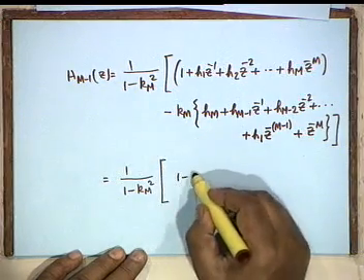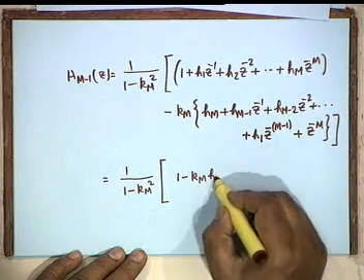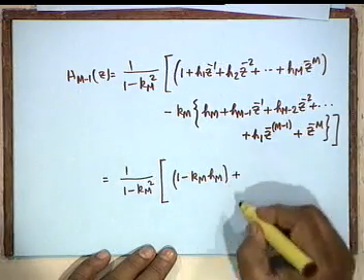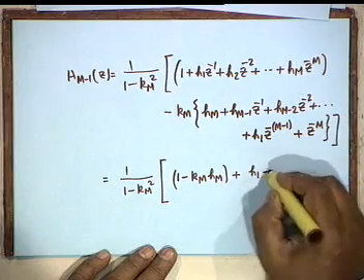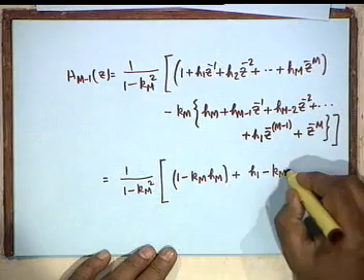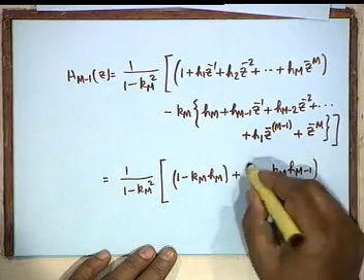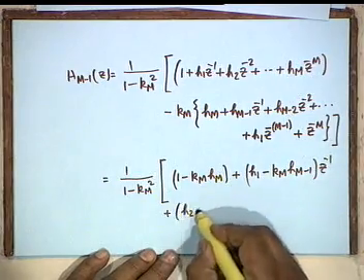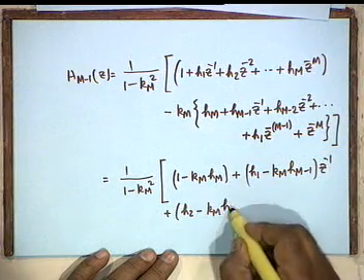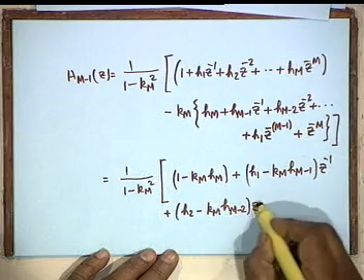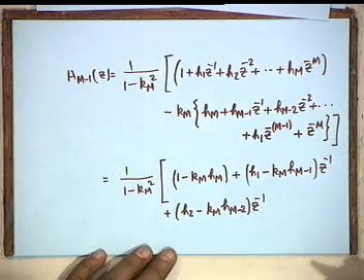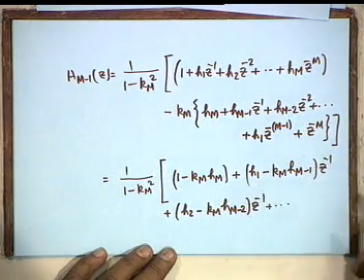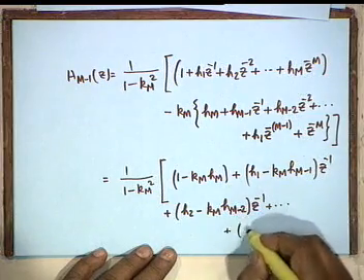The constant term will be 1 minus Km Hm plus H1 minus Km Hm minus 1 Z inverse plus H2 minus Km Hm minus 2 Z inverse, yes, plus etc. What would be the last term?